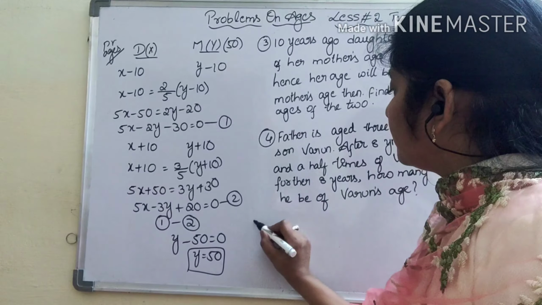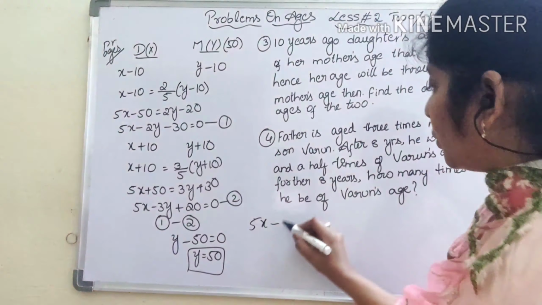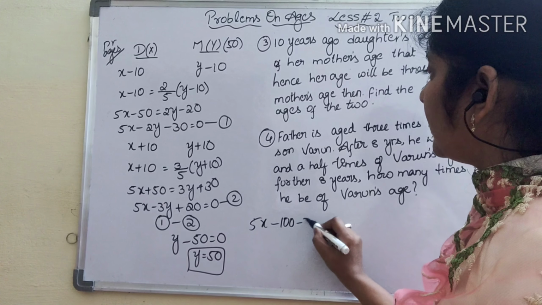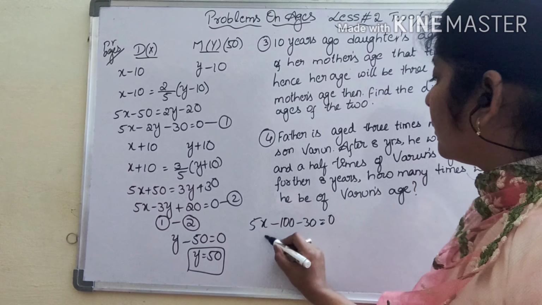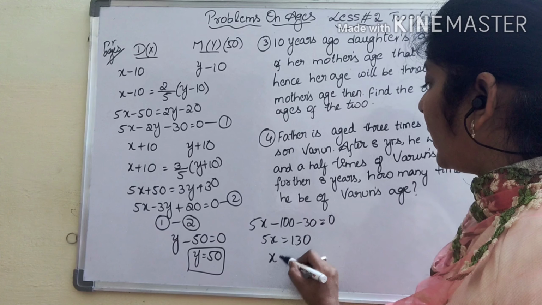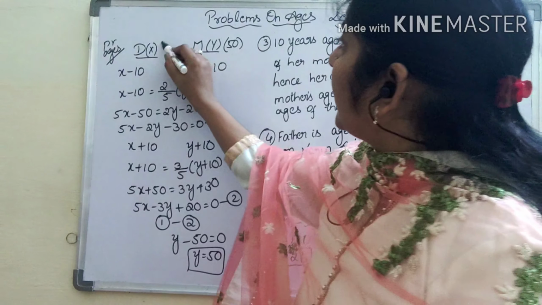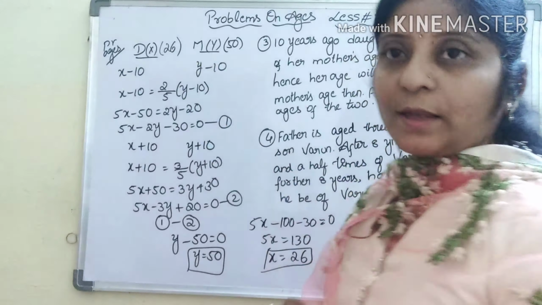5x minus 50 multiplied by 2, 100 minus 30 will be 0. So 5x equal to 130, x will be 26. So daughter age will be 26 years.